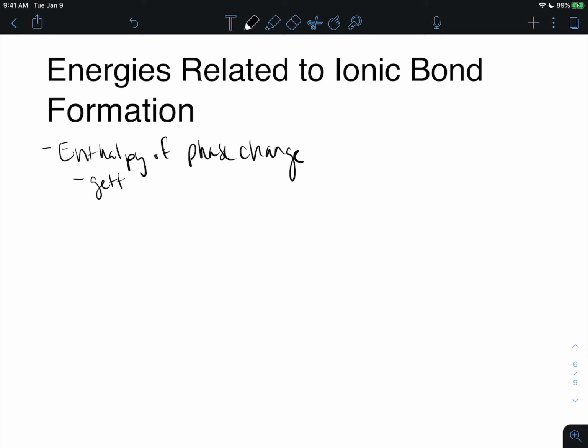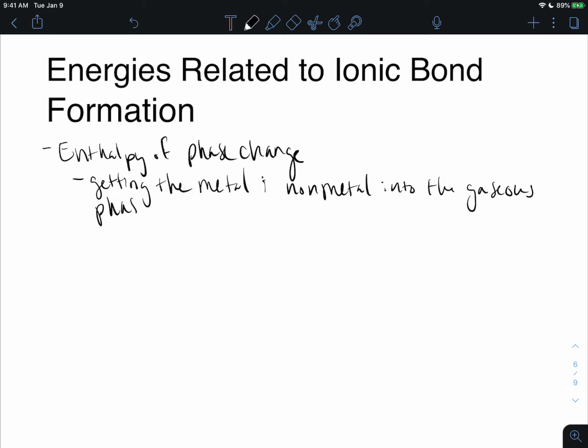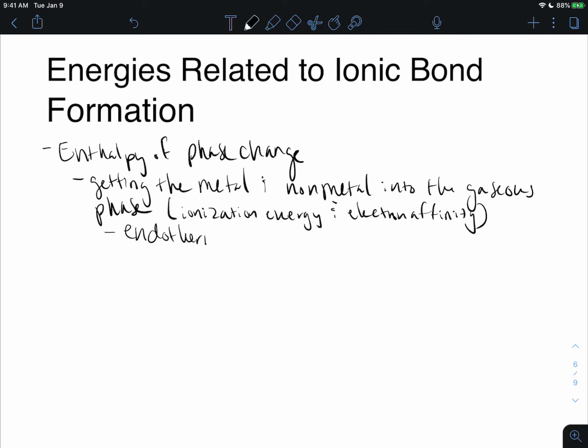So getting the metal and non-metal into the gaseous phase. And this is due to ionization energy and electron affinity. Okay, so remember our definitions there. This is going to be endothermic. This is going to require energy.